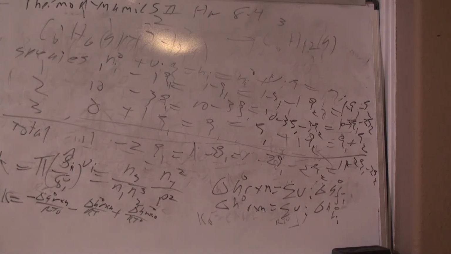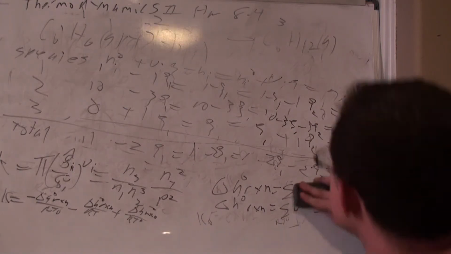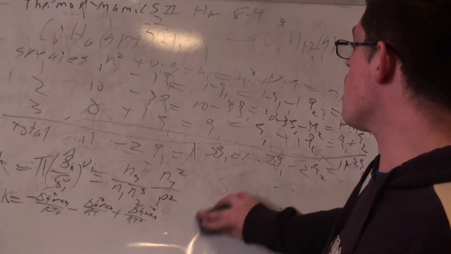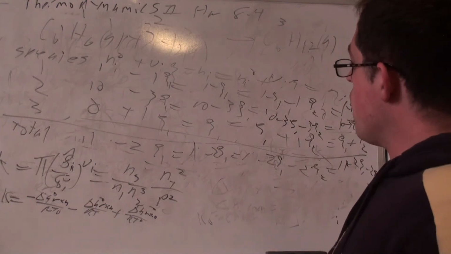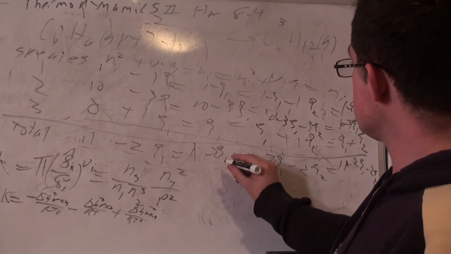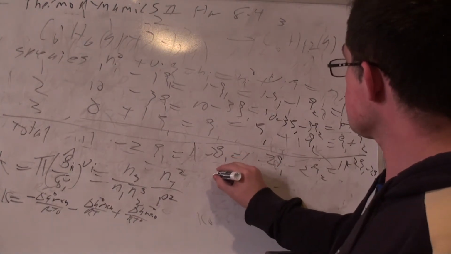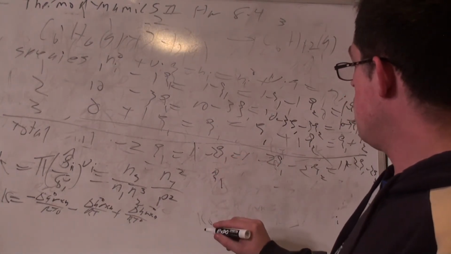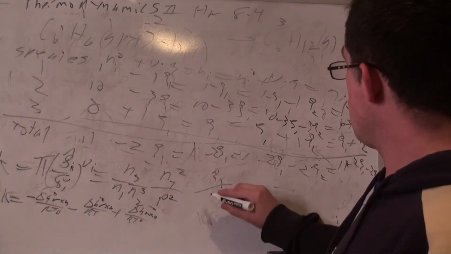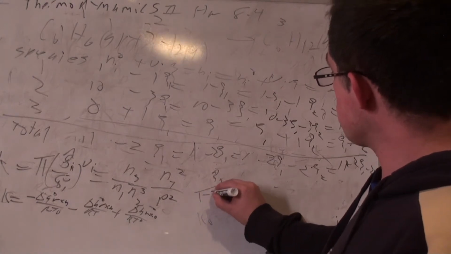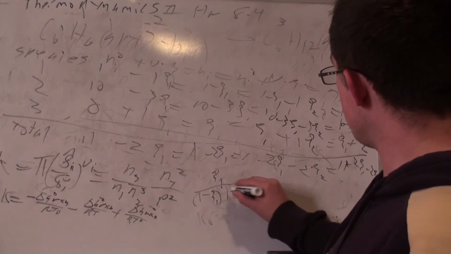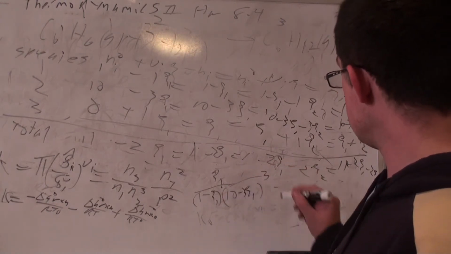Let's see here. Am I able to solve that analytically? Let's check that one. But again, the math will essentially be the same thing on the other one. So N3 was squiggly 1 over 1 minus squiggly 1 times 10 minus 3 squiggly 1 cubed.